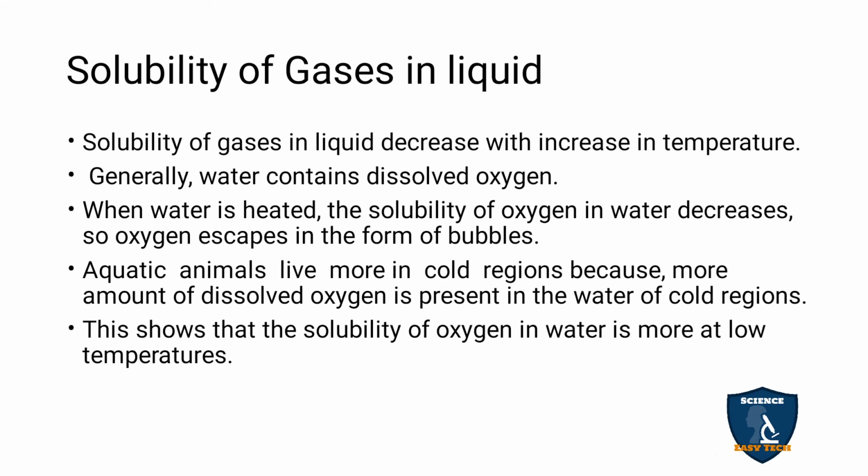In hot regions the oxygen evaporates as bubbles, but in cold regions the oxygen does not evaporate and stays in the water. Because of that, aquatic animals live in cold regions. This shows that the solubility of oxygen in water is more at low temperature. So at low temperature, water contains more oxygen.